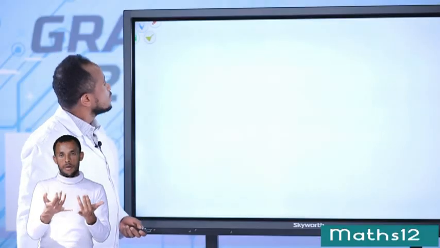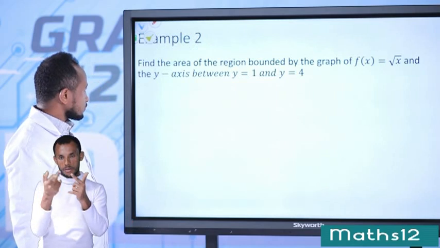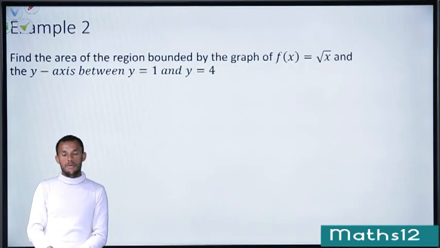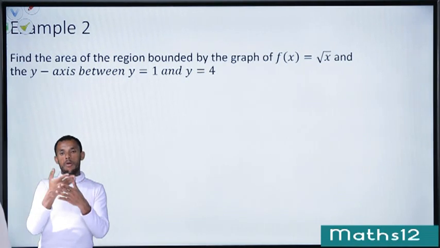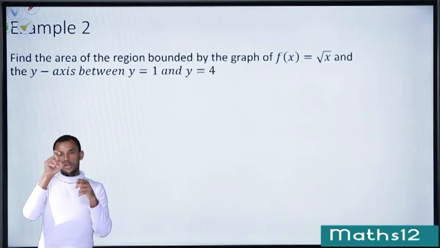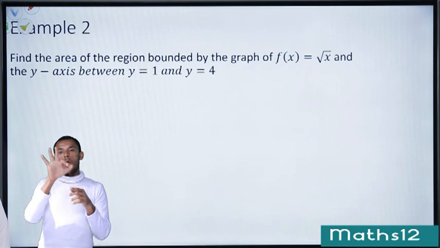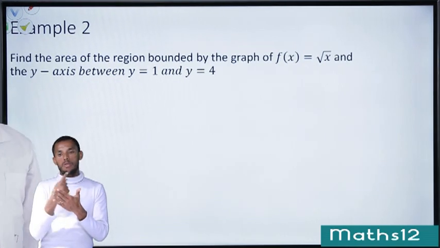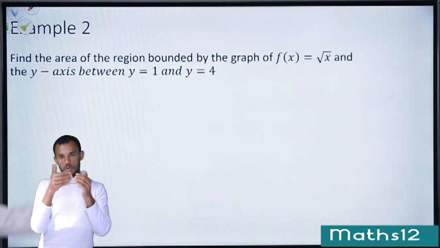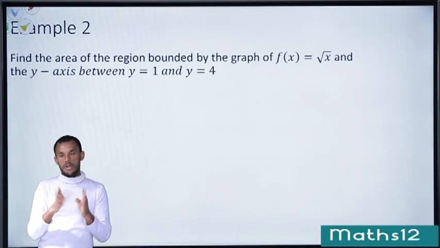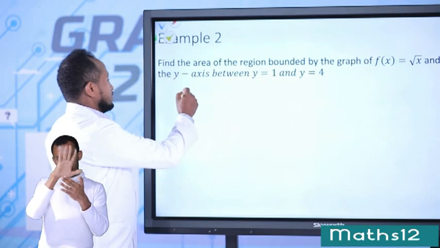Now let's proceed to the second example. Find the area of the region bounded by the graph of f of x equal to square root of x and the y-axis between the interval y equals 1 to y equals 4. To evaluate this, let's first draw the graph.